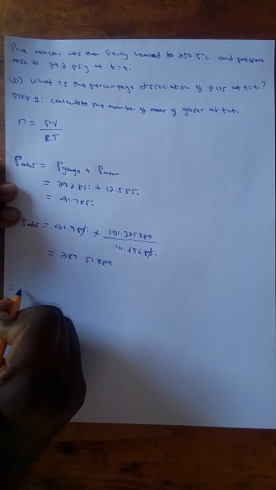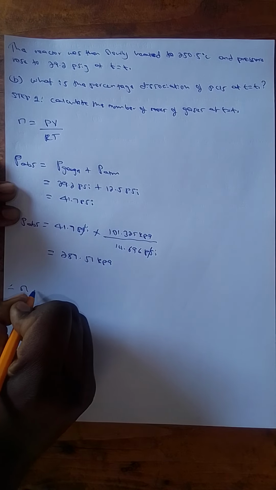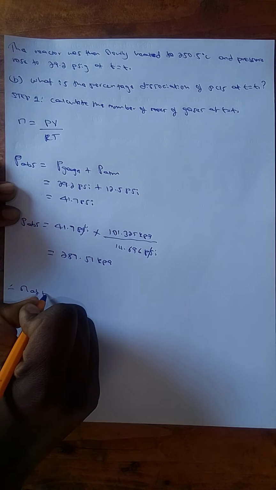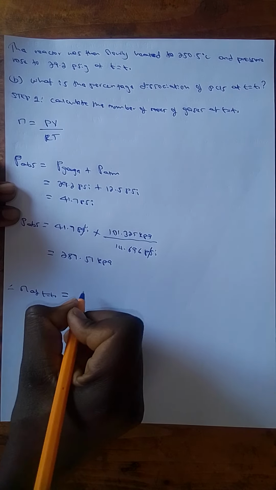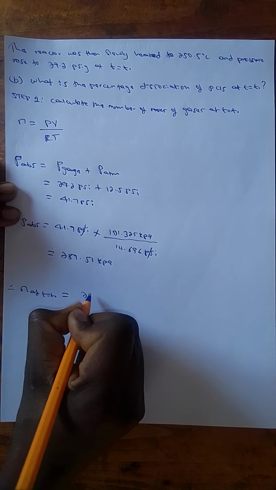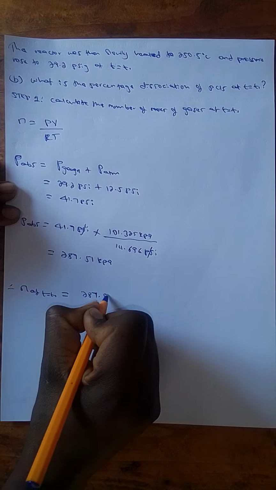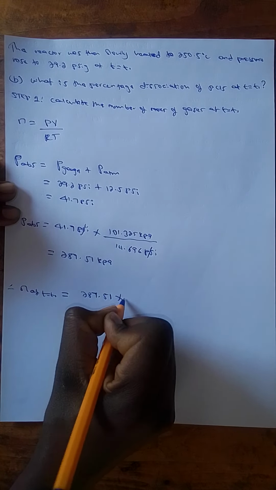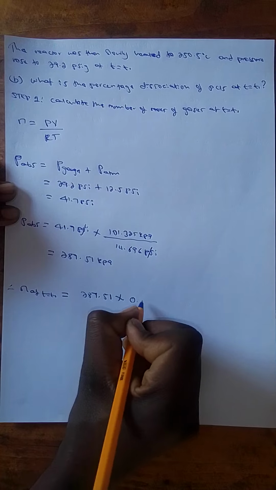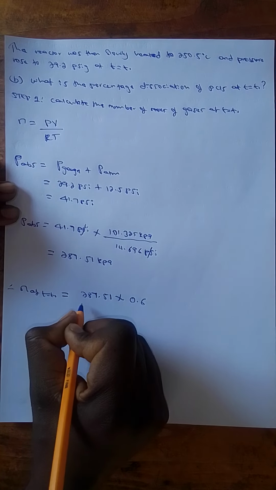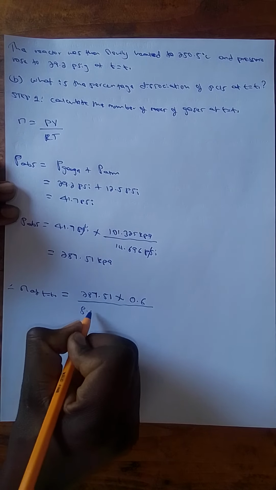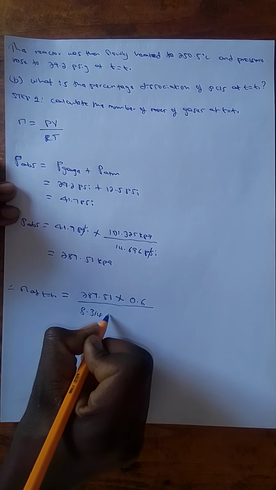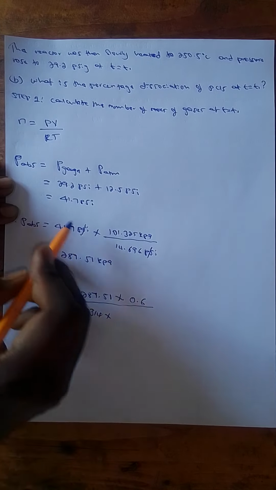So the number of moles at T equals T1 is equal to our pressure, 287.51, multiplied by our volume. It's a constant volume, so it's 0.6, all over our R, the constant, 8.314, multiplied by our temperature.